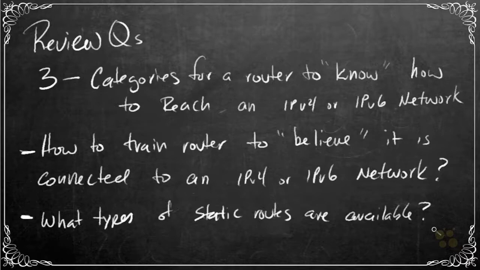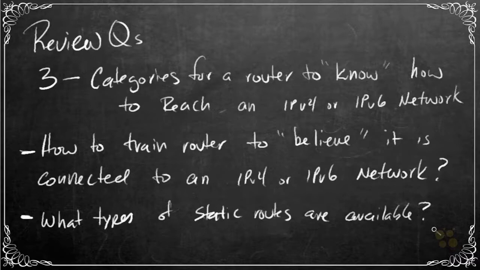And then another option that we took a look at was the Obi-Wan Kenobi route, which means you're our only hope. If the router doesn't have a better route in its routing table, it will go ahead and use the default route as a last-ditch effort for making forwarding decisions. And so another type of static route that we can implement is a default static route. And then with any of these routes, we can also manipulate the administrative distance.